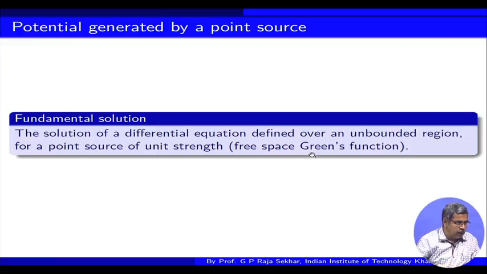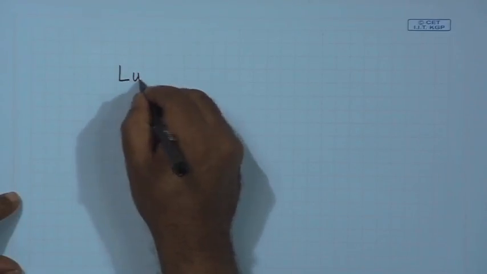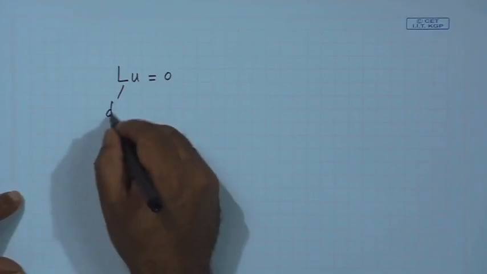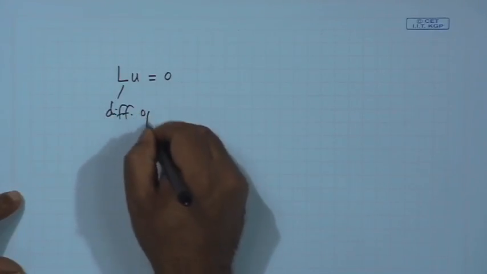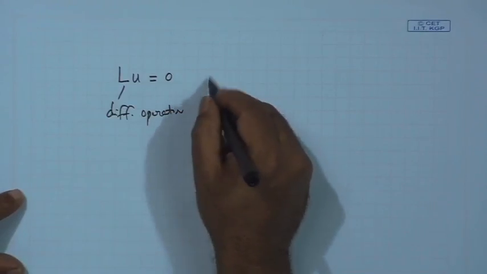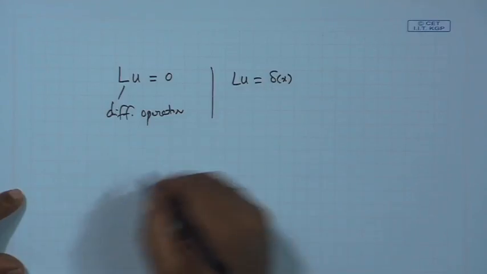So, what do you mean by this? If you take some differential equation, some operator L u equals 0, where L is a differential operator, then for the fundamental solution, you consider L u equals delta of x.